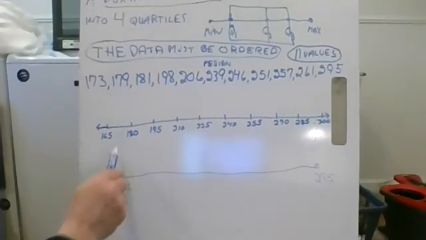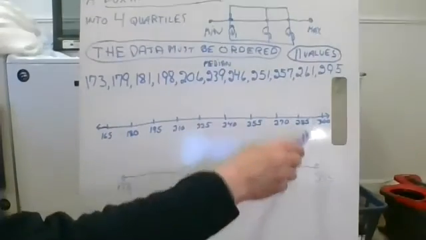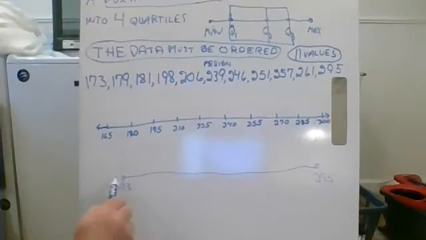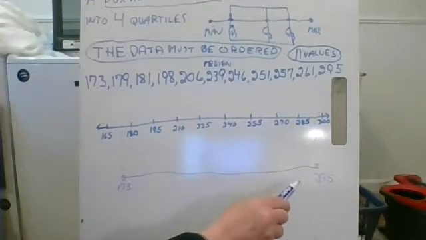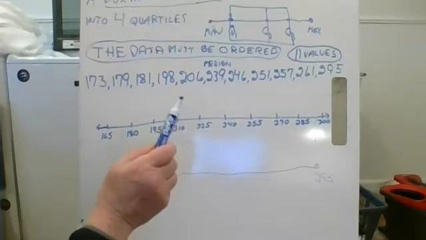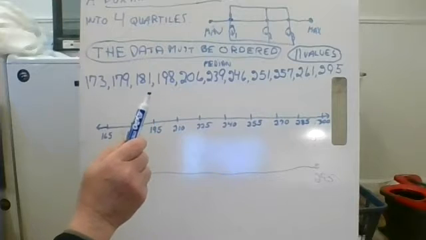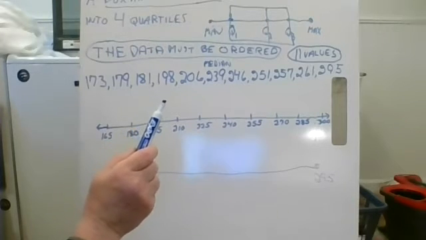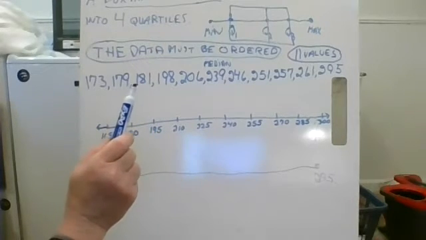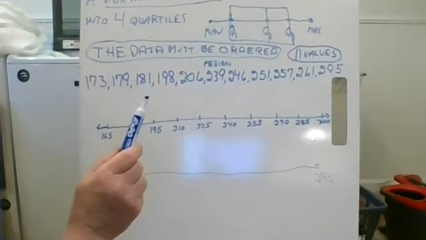Okay, so we drop the min, we drop the max, then we connected the two. All right, now the first thing we do after the min and the max, we're going to create 3 points called Q1, Q2, and Q3. Quartile 1, quartile 2, quartile 3.